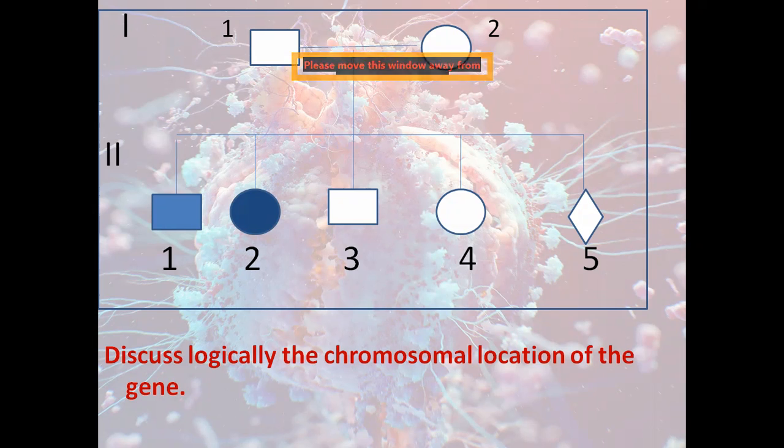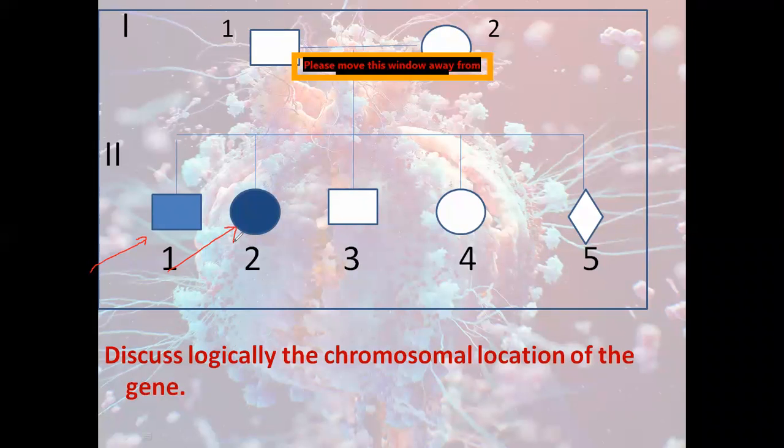So 1-1 and 1-2, they are normal, but they gave birth to children 2-1 and 2-2. These 2-1 and 2-2 are affected. So here the allele of the disease was masked in the normal parents. So it's recessive with respect to the normal dominant allele.